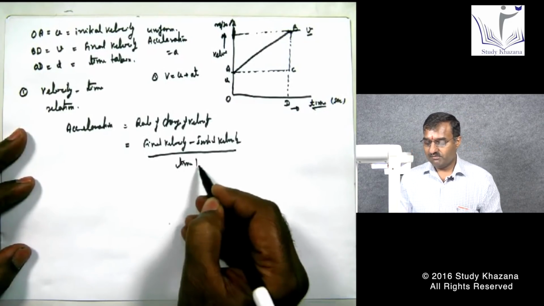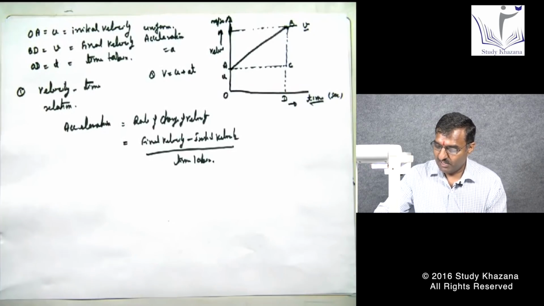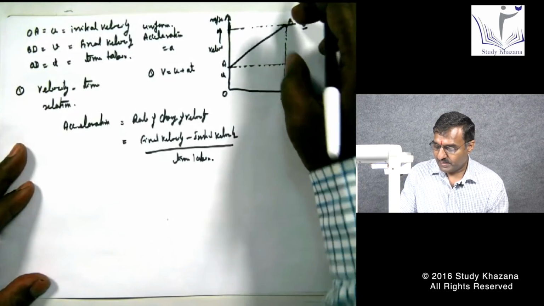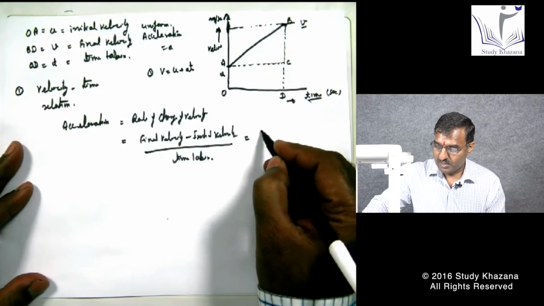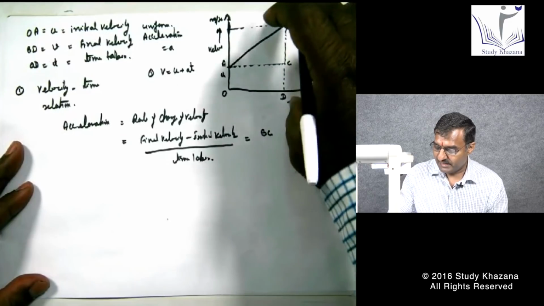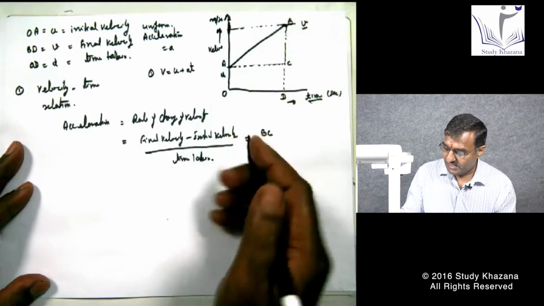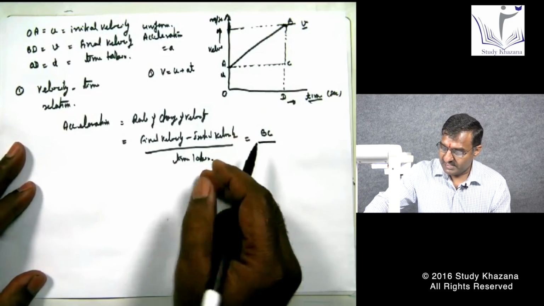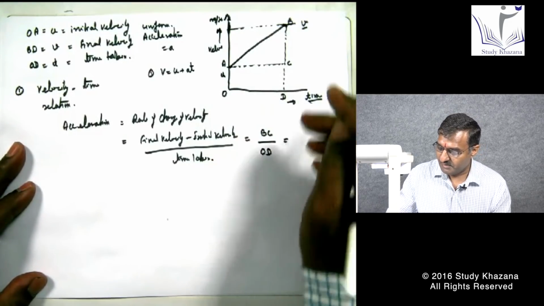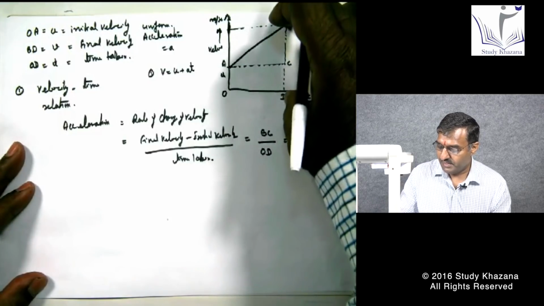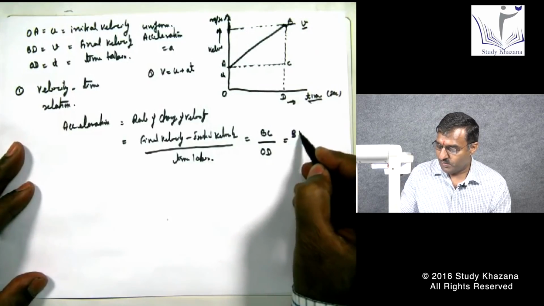Now if I see from the graph, the change in velocity is nothing but BC. BC is what? It is BD minus CD. BC divided by time taken, and time taken is OD. So BC is nothing but BD minus CD. Here I can write BD minus CD divided by OD.